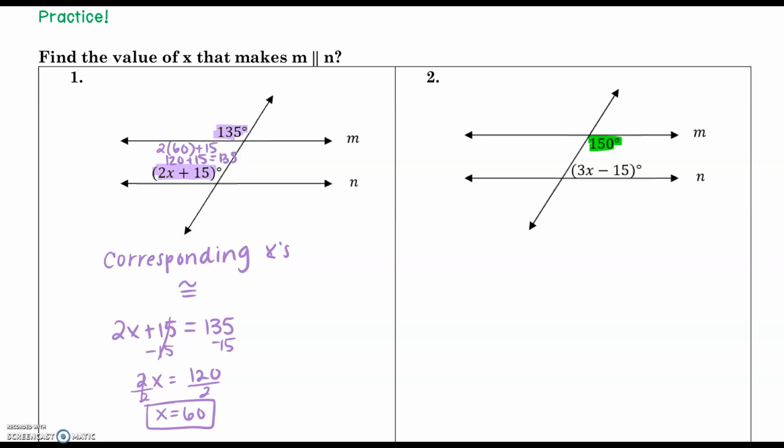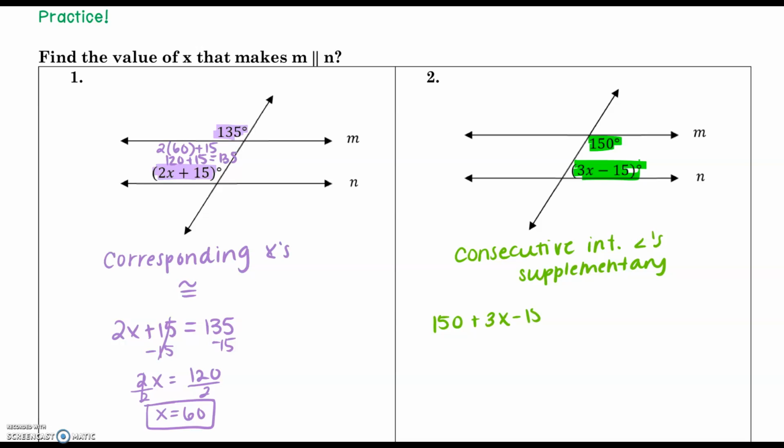So here we have consecutive interior angles. And we know that these must be supplementary. They must add up to 180. So we're going to do 150 plus 3x minus 15 is equal to 180. We're going to combine like terms.